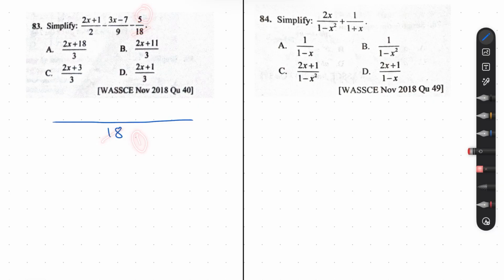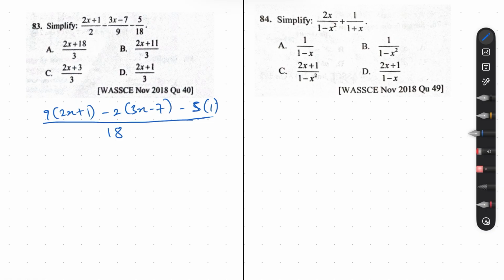Okay, so let's do that. We are going to have 9 multiplying 2x plus 1 minus 2 multiplying 3x minus 7, then minus 5 multiplying 1.